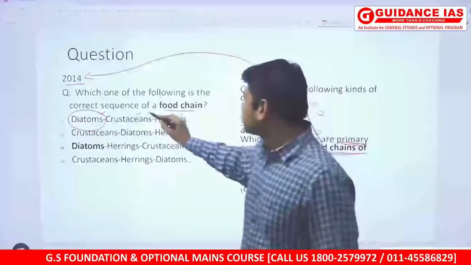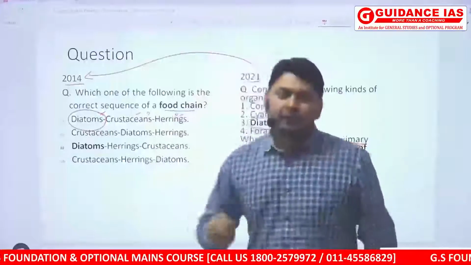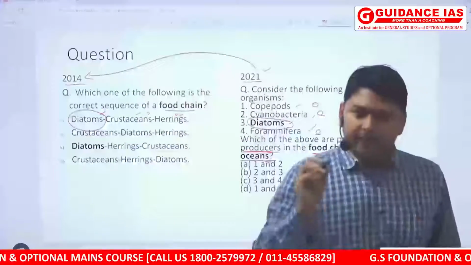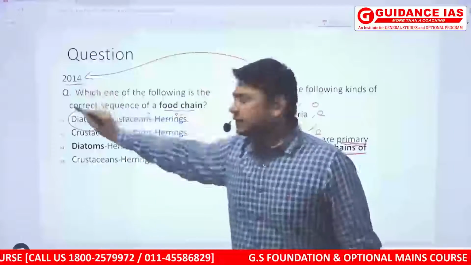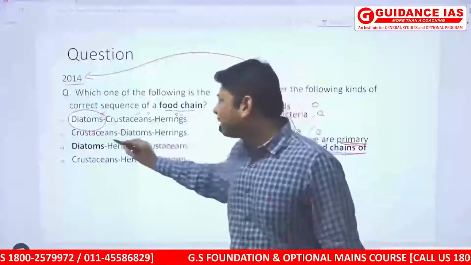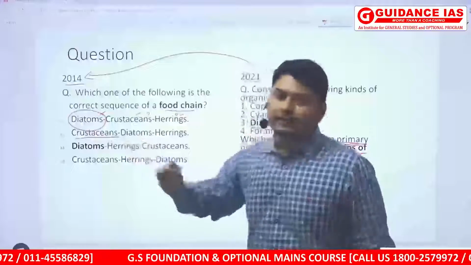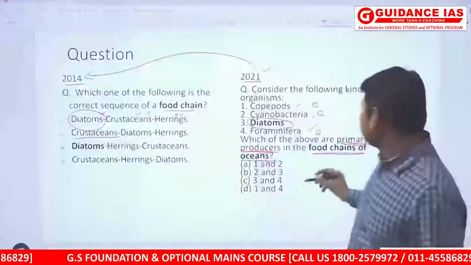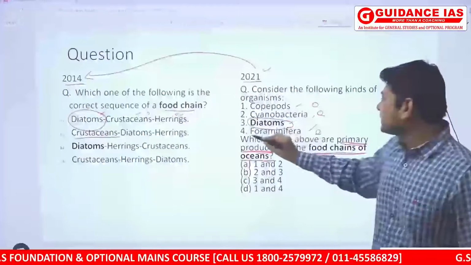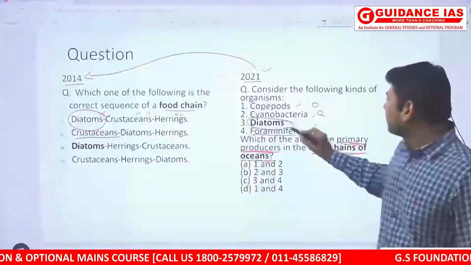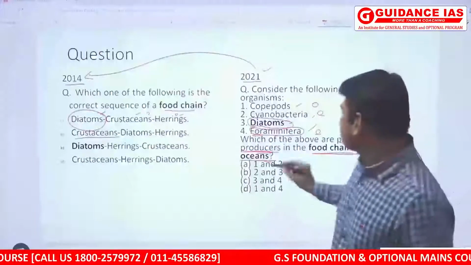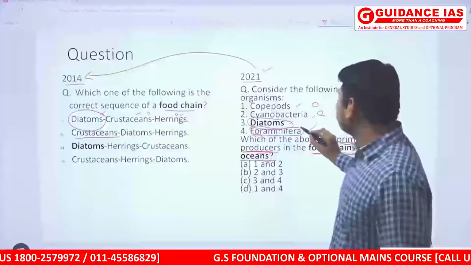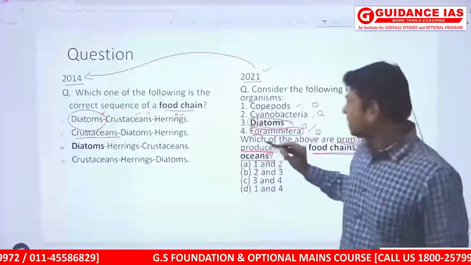And here crustaceans and herrings are included. But if we have very minute knowledge of things, if from this 2014 question you would have learned about crustaceans, then you will be able to know that foraminiferans are one kind of crustaceans.